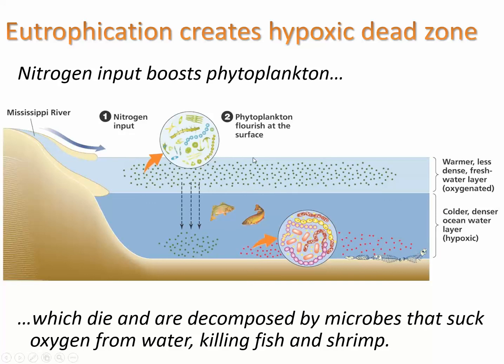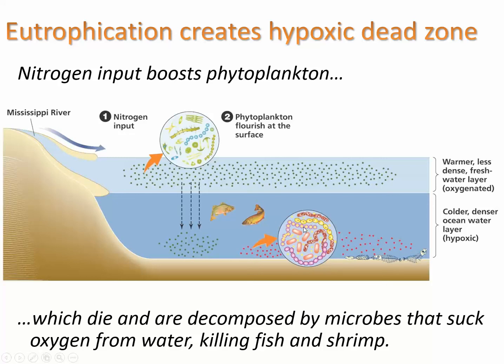And they grow too fast, they end up dying, they sink to the bottom, and now the decomposer microorganisms go crazy because there's so much food for them. So as they're decomposing the organic matter, they are using up oxygen, and that's creating a drop in the oxygen level in the water, and the fish need that. Without the oxygen, they're going to begin to die off.